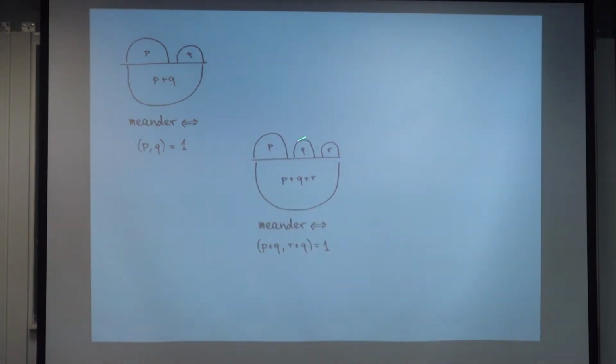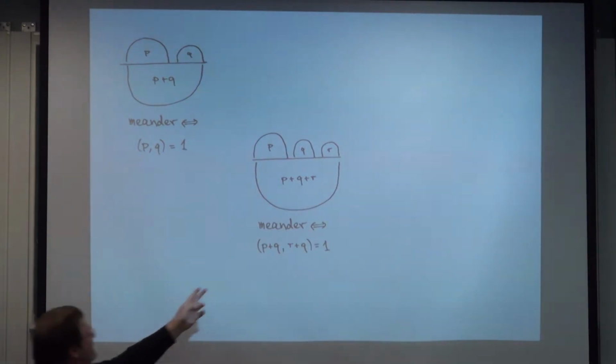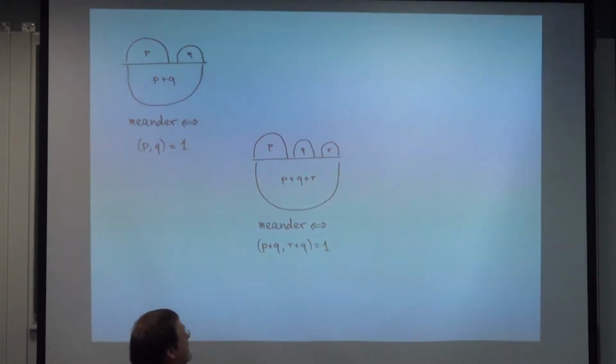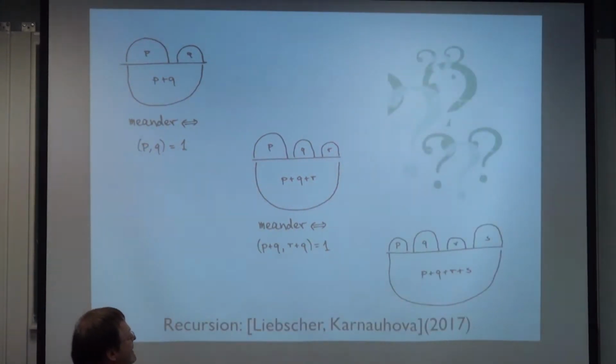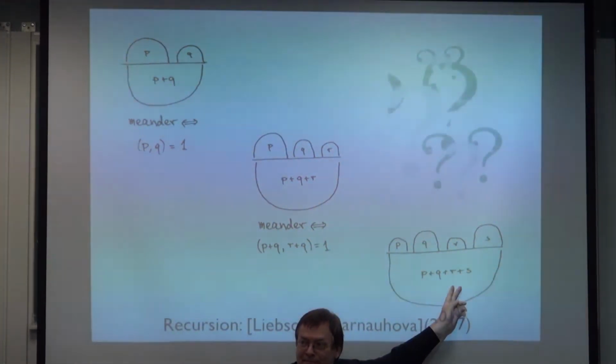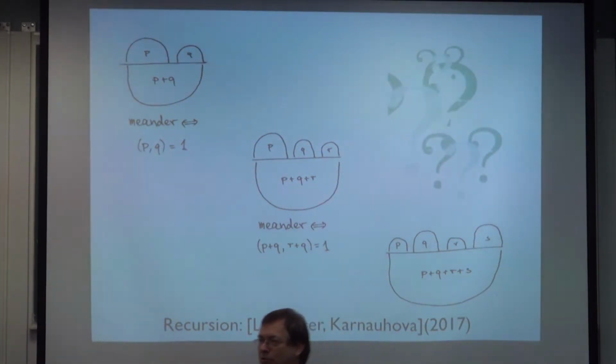Now, if you have P, Q, and R nests, it's a little more difficult. You have to take the greatest common divisor of P plus Q and R plus Q. And if you take P, Q, R, S, I do not know a simple formula. I thought there should be a formula in terms of P, Q, R, S, and you do this and that.